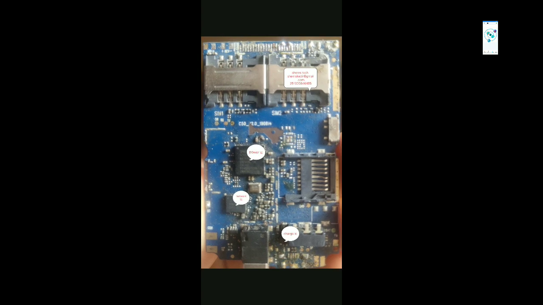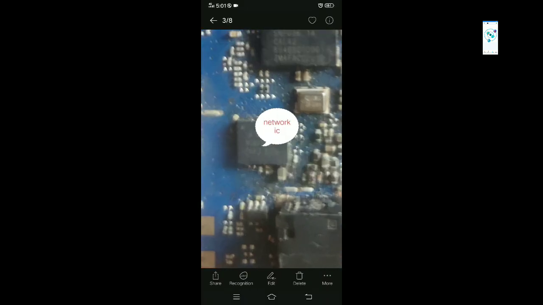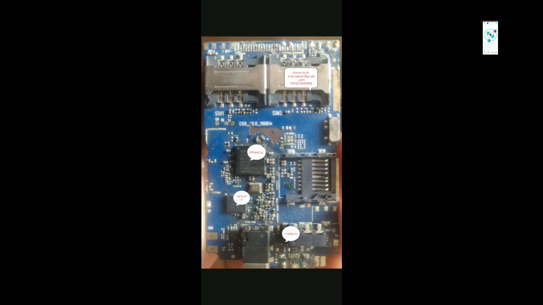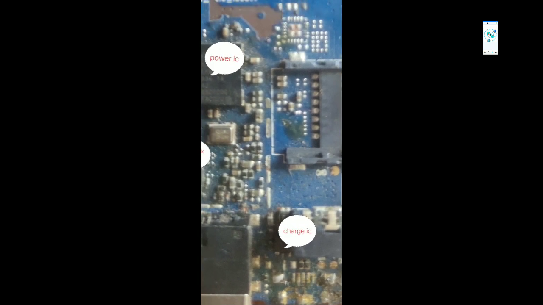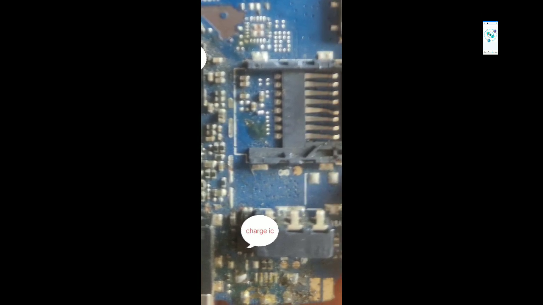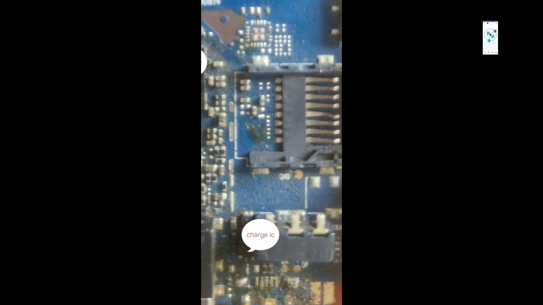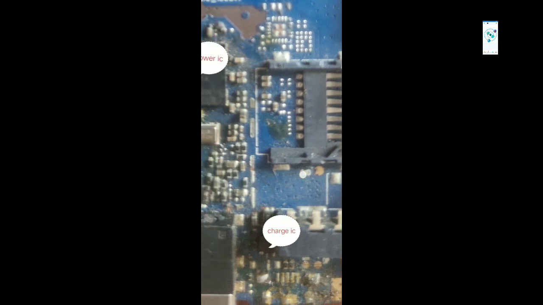The second one is the network IC, an RF IC. And the third is the charge IC. It is a small IC near the battery connector or in front of it.